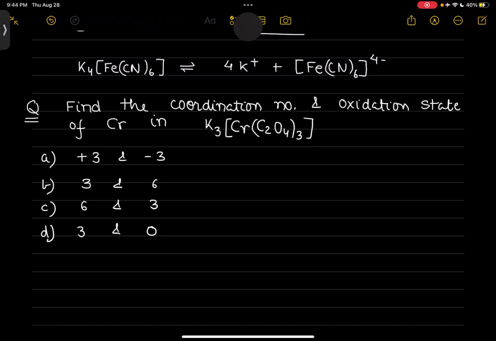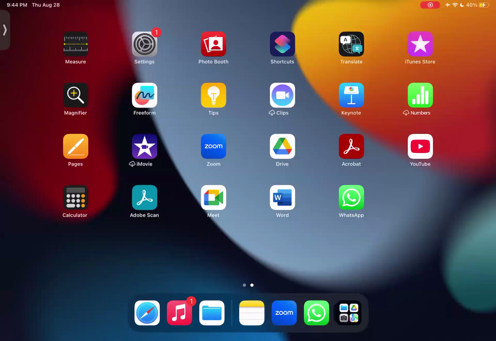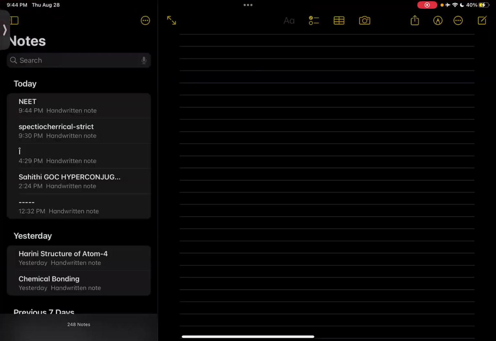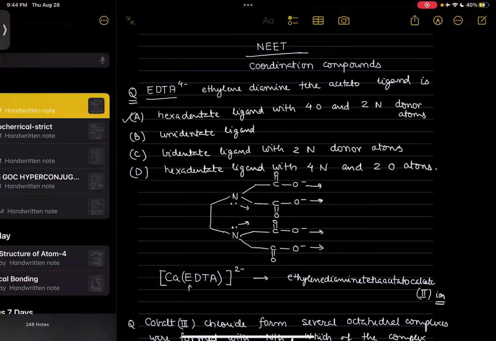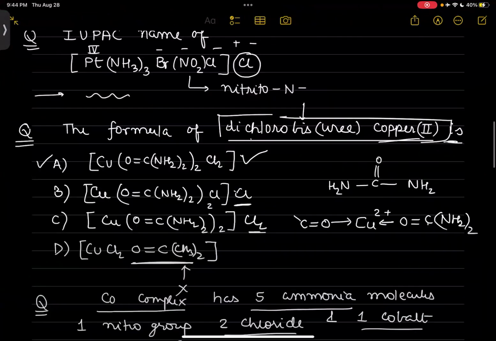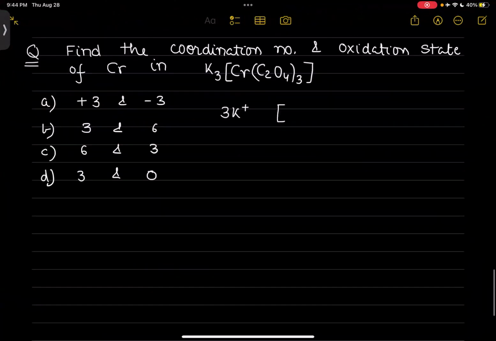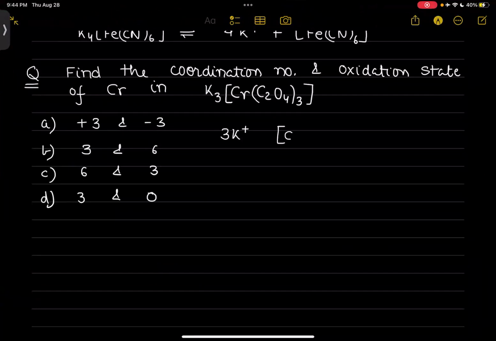So you have potassium. Potassium is always +1. So this is 3 potassium ions that you know already. And the charge on the square bracket is going to be the opposite of the total positive charge. So it is going to be chromium.